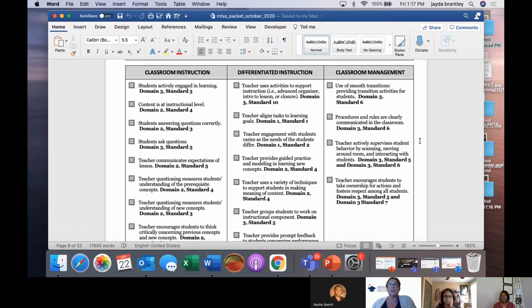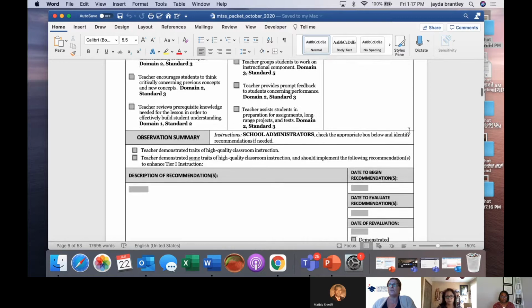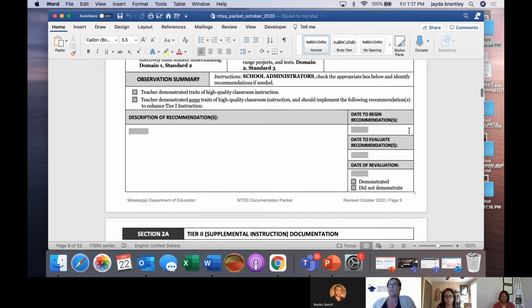Those intervention students who were in the classes that really had procedures and rules in place, the setting that they needed, and smooth transitions, those were really the students who were growing leaps and bounds because of that classroom management. So that's a key piece to keep in mind as far as our students and their growth.